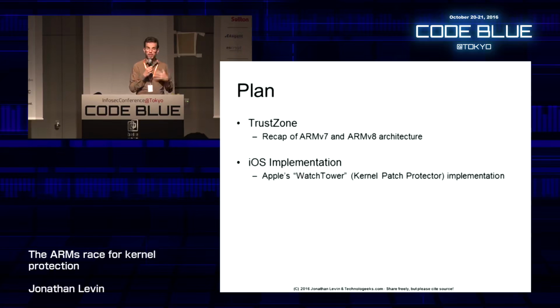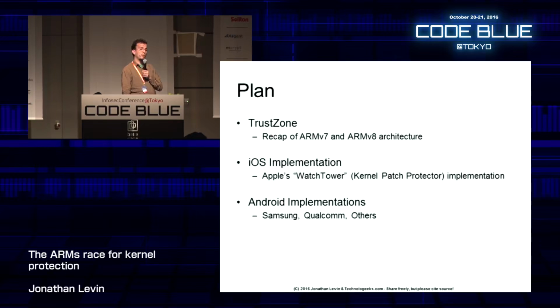Naturally, in the ARM space, we have really just two operating systems to consider, unless there are some Windows Phone users here, and I don't see any of those, so we're fine. So we've got the iOS implementation, what is unofficially or internally called Watchtower by Apple, more commonly known as KPP, the Kernel Patch Protector.